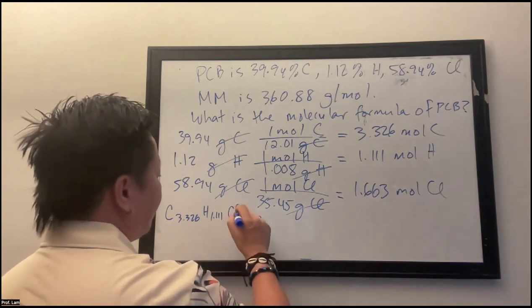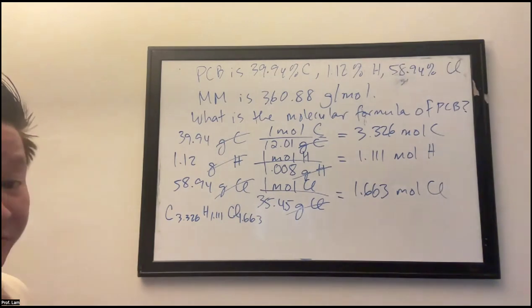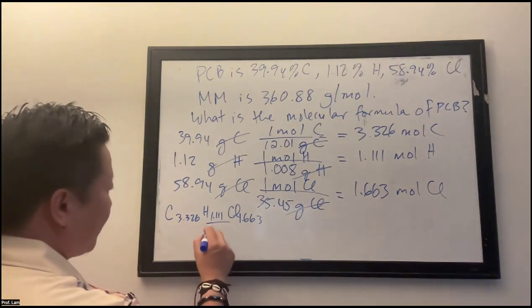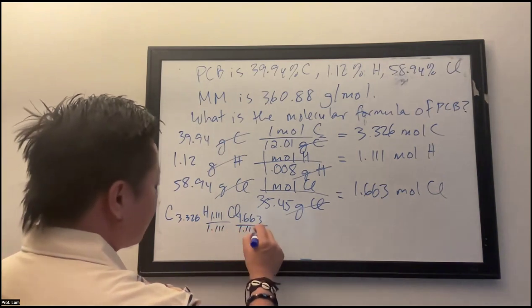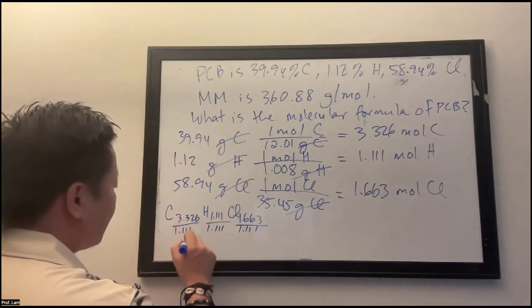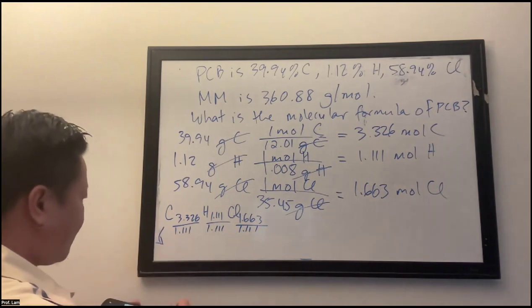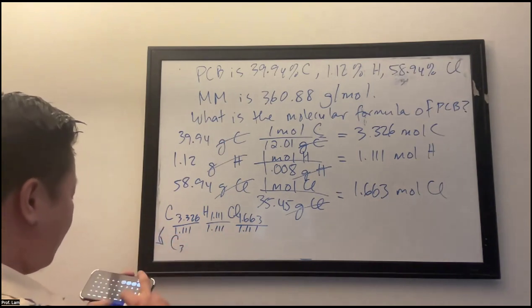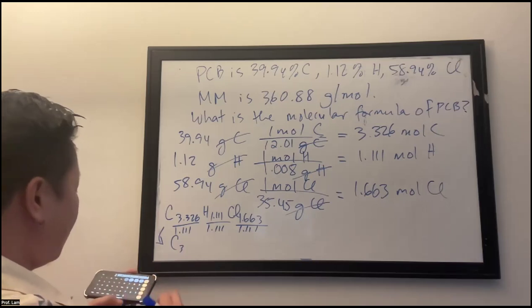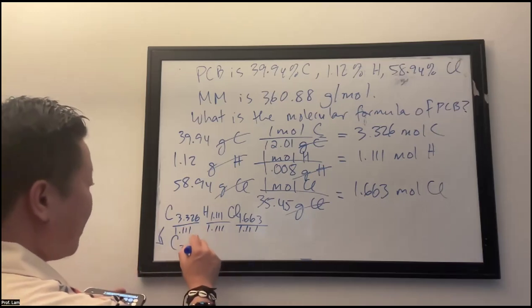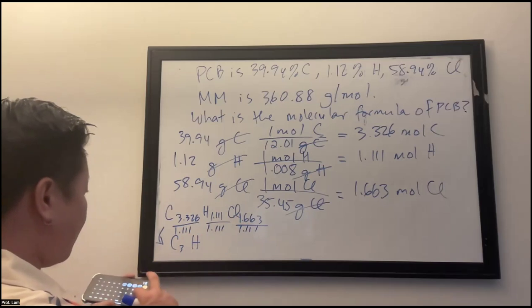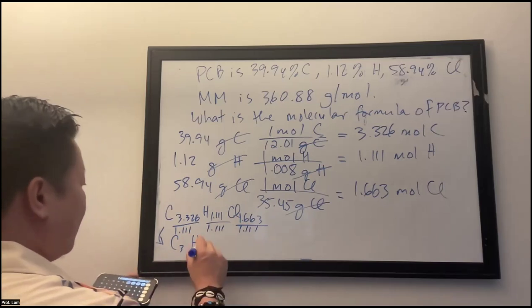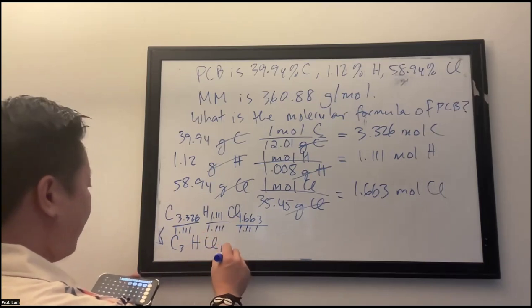Okay, next step would be to write the pseudo formula. Okay, that'd be the pseudo formula. And then we're going to divide by the smallest subscript, which is 1.111. So that's going to give us, it looks like 3 for carbon. Let me check. Yeah, it looks like 3 for carbon, 1 for hydrogen, and for chlorine, 1.663 divided by 1.111 is 1.5.